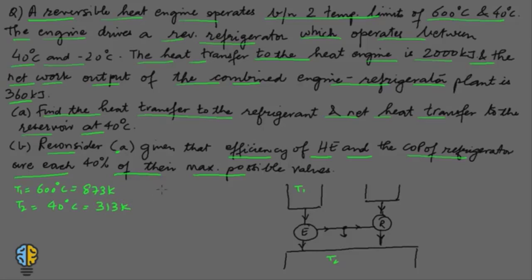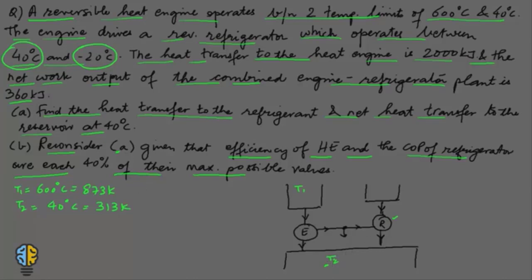Now this is the refrigerator and this works between 40 and minus 20. This means it is absorbing heat from minus 20 and throwing heat at 40 degrees Celsius. And this is the reservoir at 40 degrees.